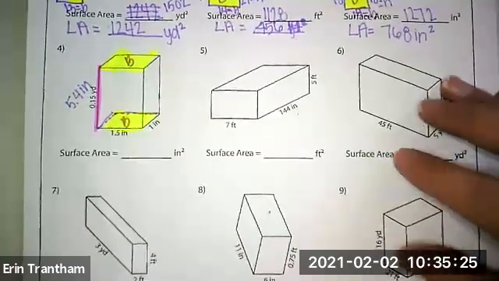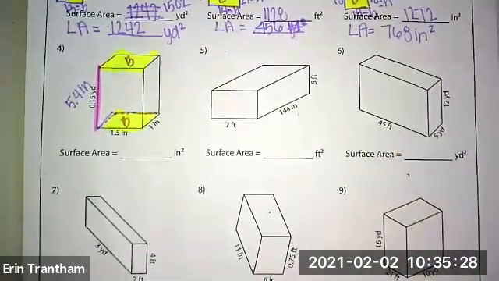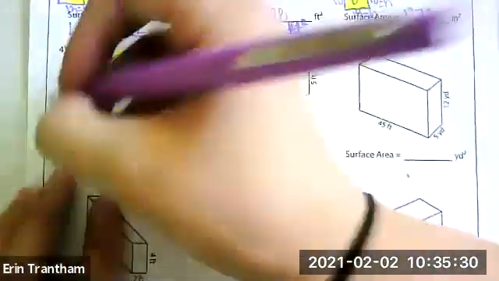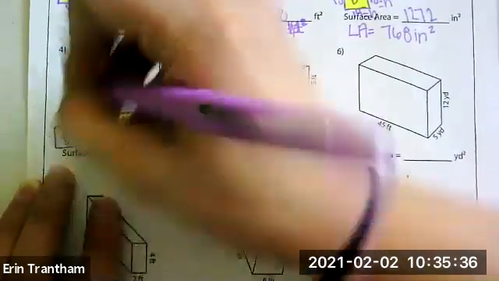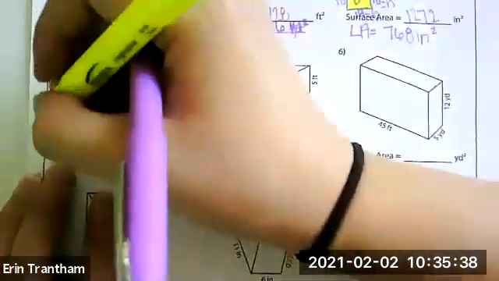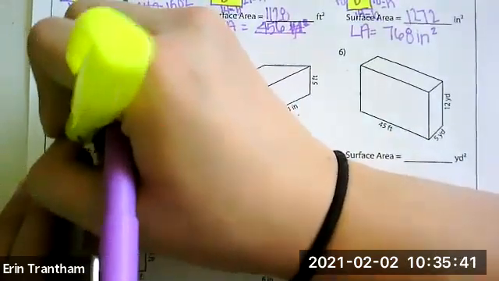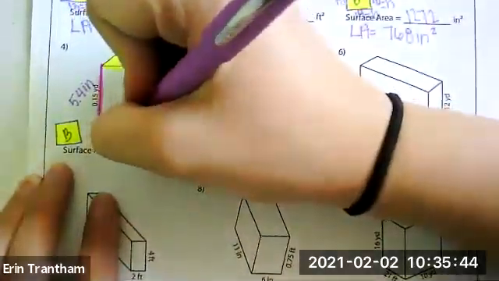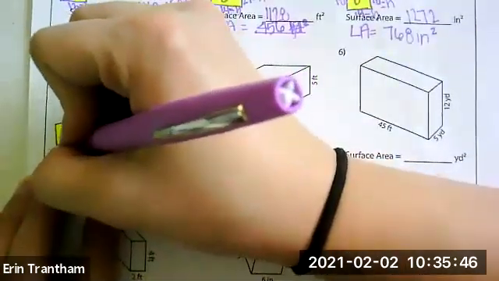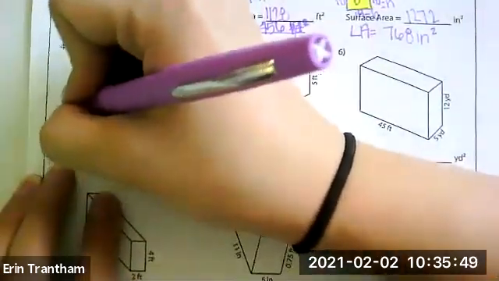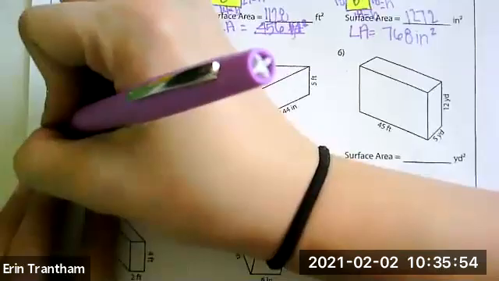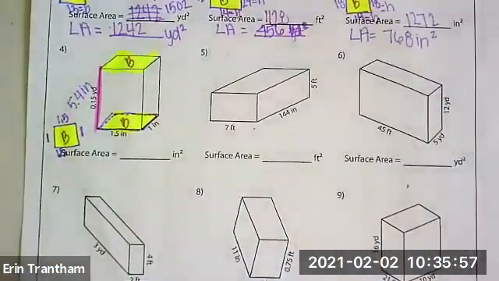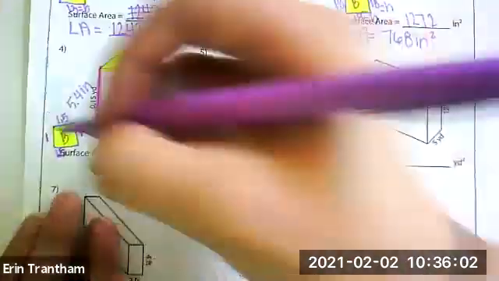Okay, we're going to draw our base. If this is 1.5, this is 1.5. If this side's 1.5, this side's 1.5. If this is 1, this is 1. And this is 1 because they're parallel. Okay. The formula for the lateral, let's add LA underneath.